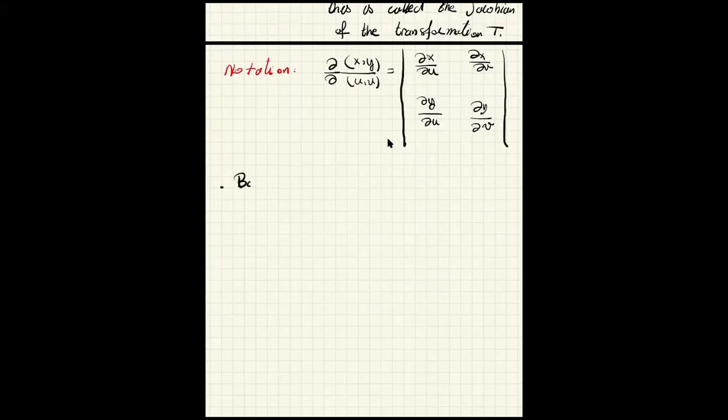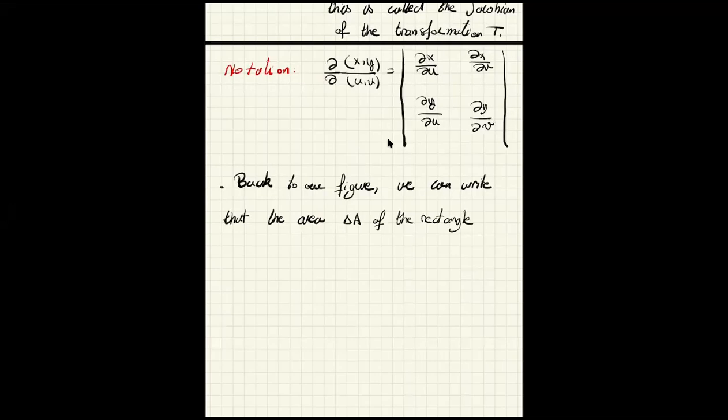Okay, so back to our figure. We can write that the area delta A of the rectangle R is, so here you really need to understand what you're doing.